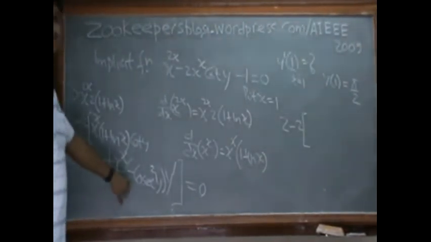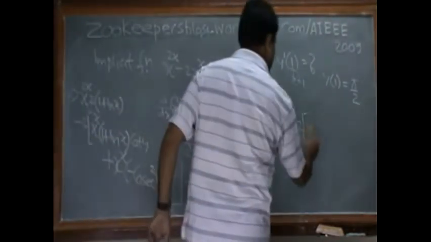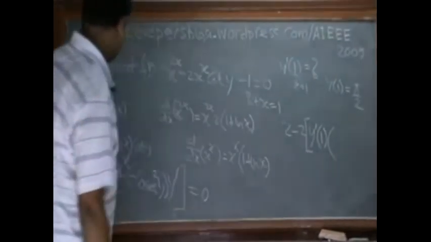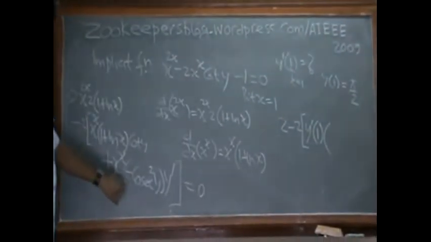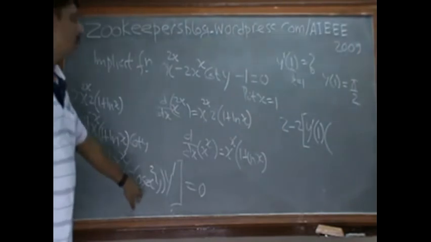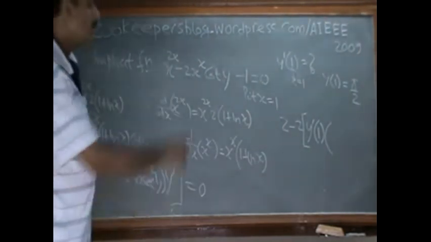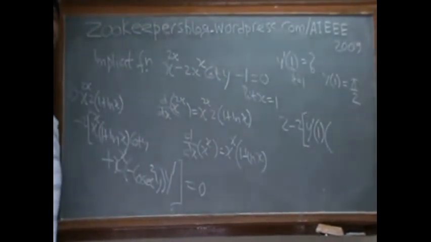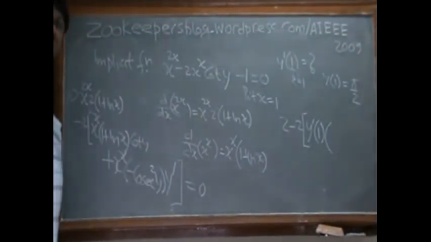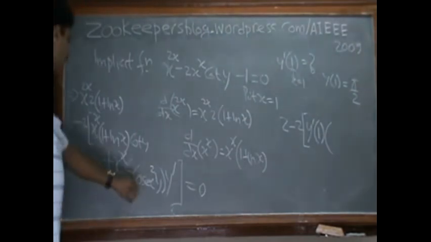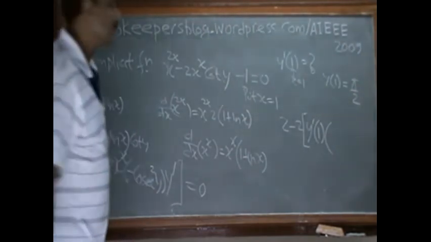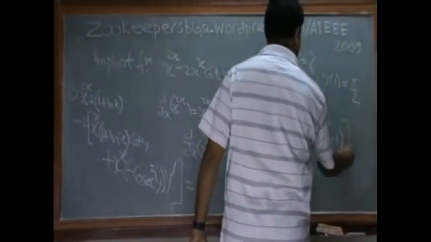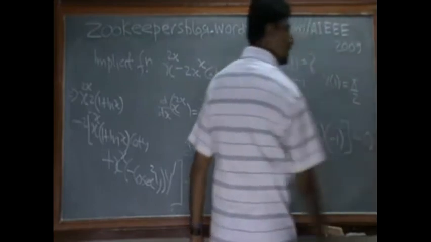So inside the bracket is only this y dash 1 into minus cosec square y, where y1 is 5/2. Cosec 5/2: sin 5/2 is 1, so cosec 5/2 is also 1. So this whole thing is minus 1 into y dash, so it is y dash 1 into minus 1.